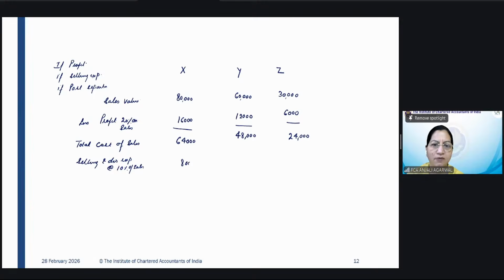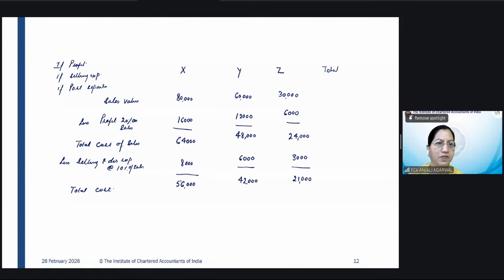So another 8,000 of the selling expenses should also be subtracted. 6,000 of selling expenses should be subtracted from here, and 3,000 of selling expenses should be subtracted from here. 56,000 is the total cost of production for X. 42,000 is the total cost of production for Y, and 21,000 is the total cost of production for Z.